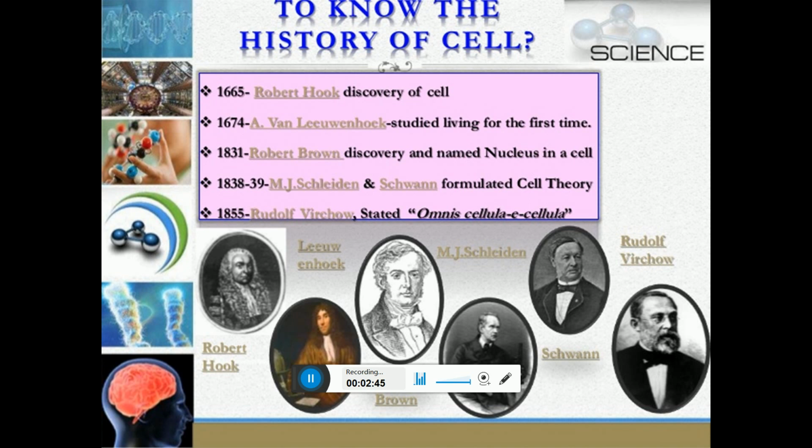Then you have Schleiden and Schwann who put forward the cell theory, which we would study in 11 and 12. The cell theory was further explained by Virchow in 1855 by suggesting that all cells arise from pre-existing cells.